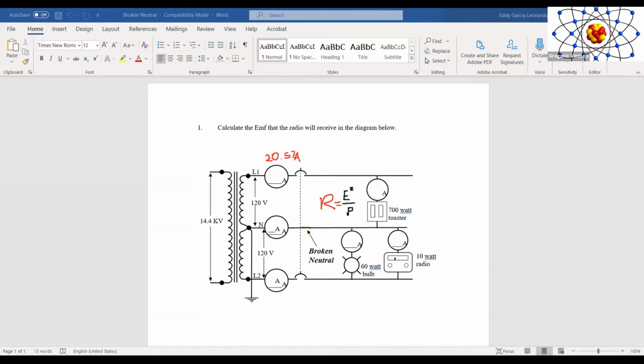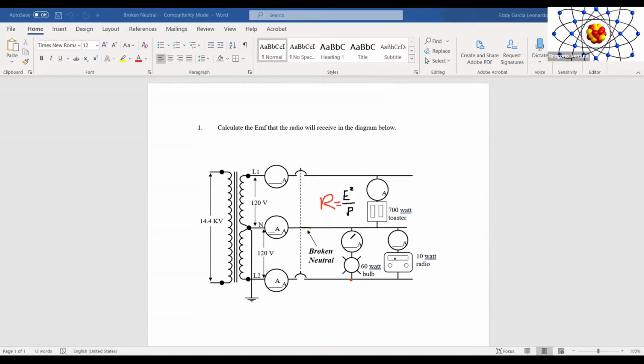You can see that the connection is between line 2 and neutral. Those are their connection points. So how many ohms do we have here? 60 watts are being dissipated and 120 volts is being applied. Same thing for the radio. 240 ohms resistance at that light bulb. That's good.